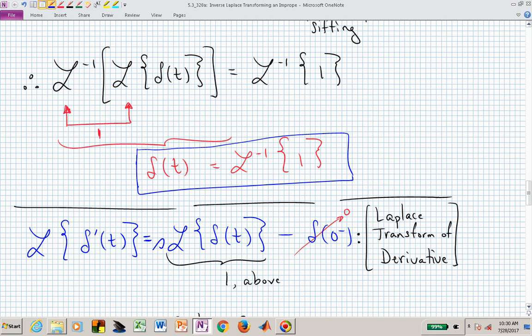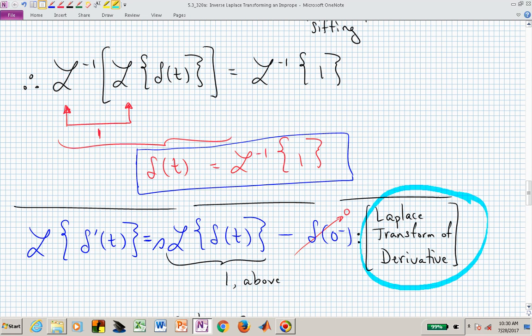So let's look at the Laplace transform of the derivative of an impulse, which is just going to utilize the definition of the Laplace transform of a derivative, which says that's equal to s times the Laplace transform of the impulse, minus the impulse function of time evaluated at t equal to 0 minus.